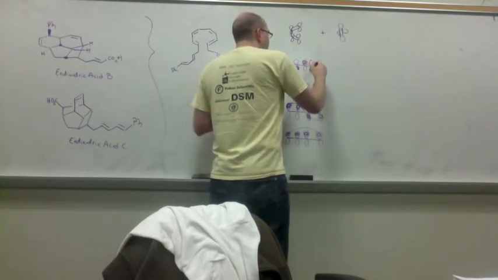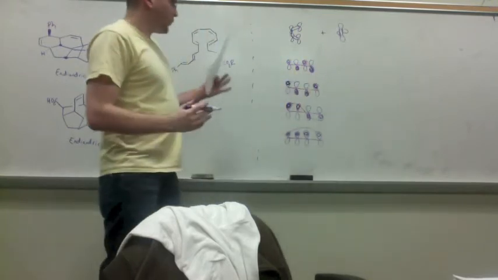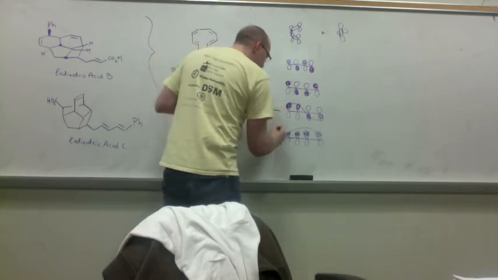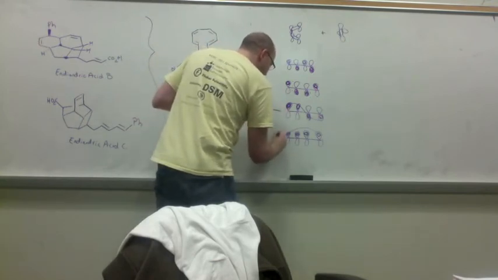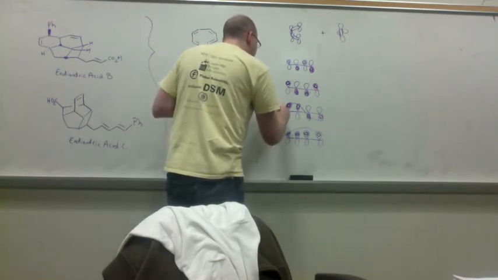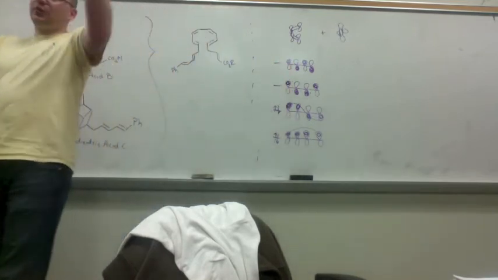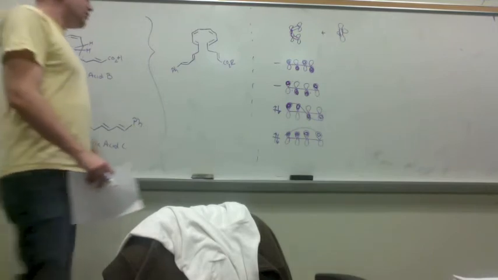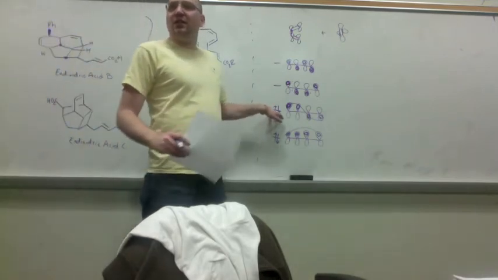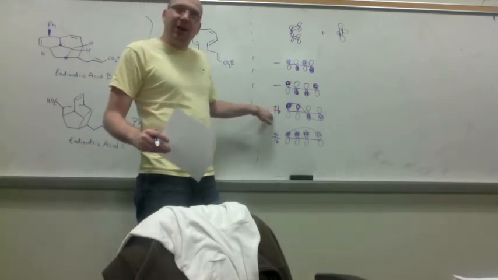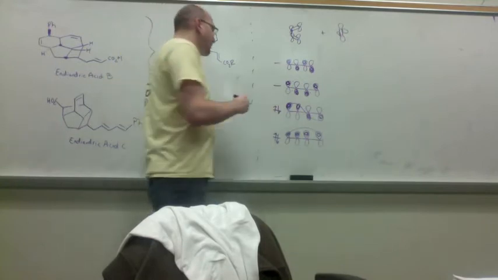The idea behind this whole system is that as we go back and start filling these orbitals with electrons, we have 4 electrons in the system, and as we fill them up, we recognize that this is the highest occupied molecular orbital. So this is our HOMO.